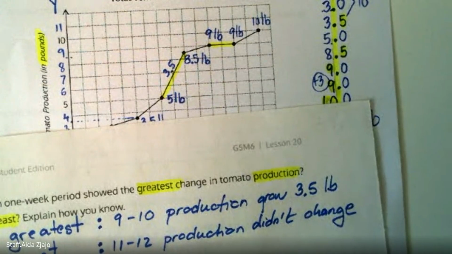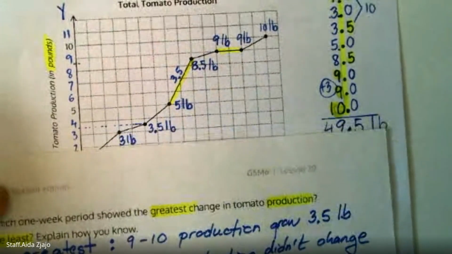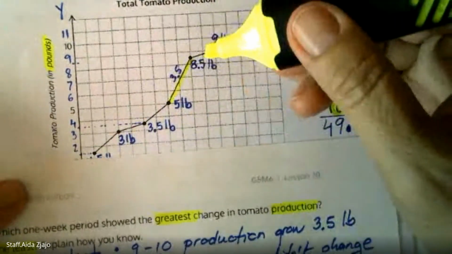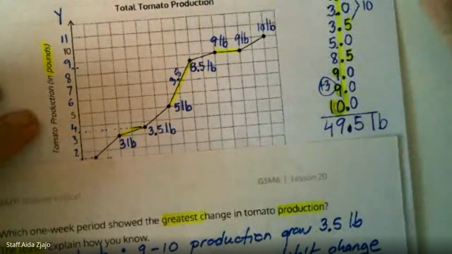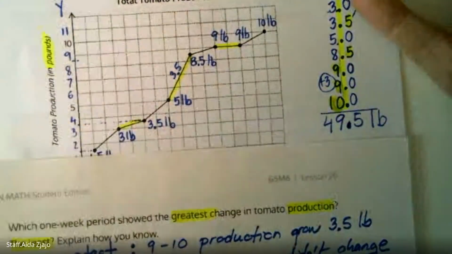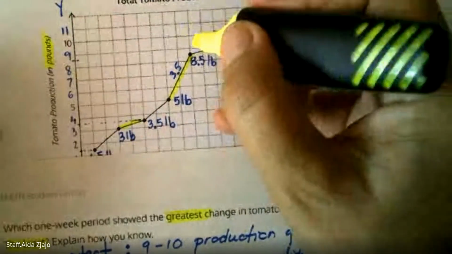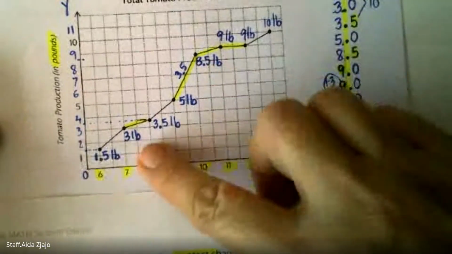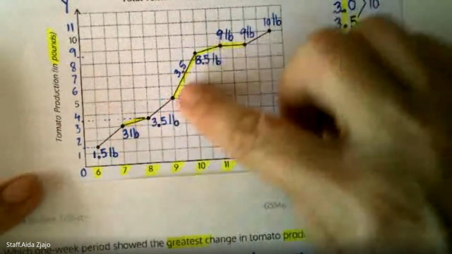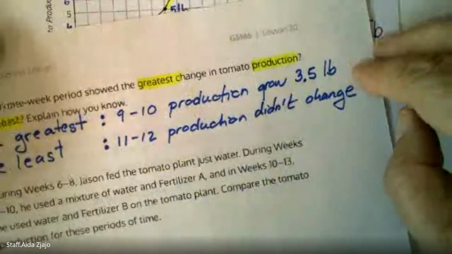The least growth was 0.5 pound. So then we can also include that. If you think about just the growth, 0.5 pound was here, and there is one more place, this one here. So in 2 places, there was only 0.5 pound growth from one week to another.